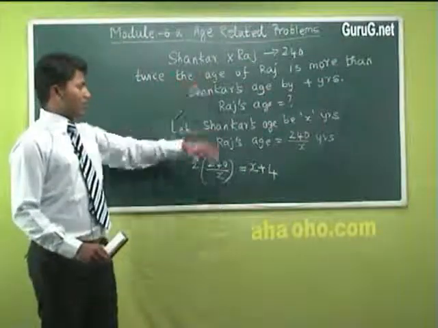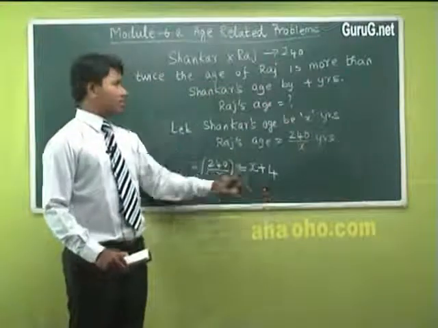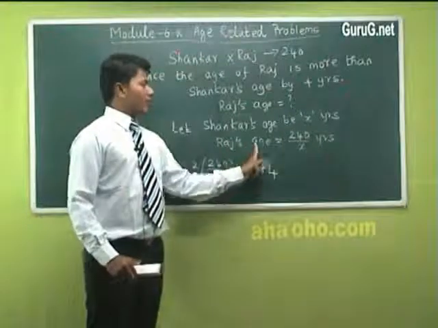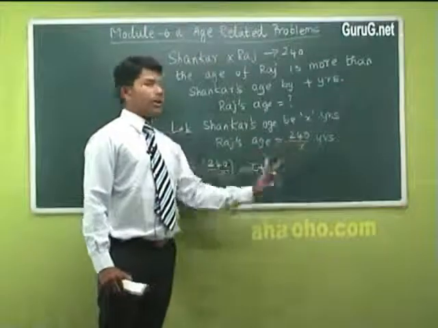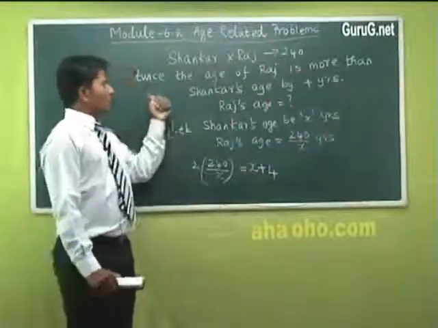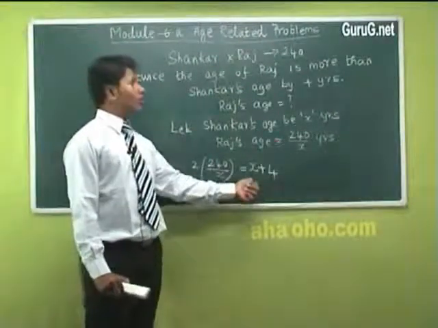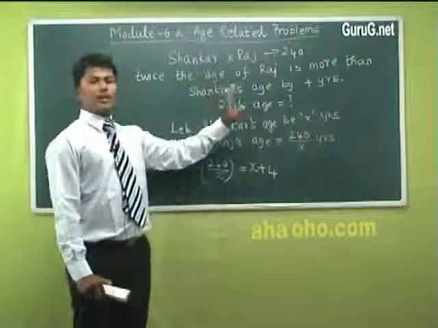So read the problem, write the mathematical form. We took Shankar's age as x years. We found Raj's age to be 240 by x. Twice the age of Raj, so 2 into 240 by x is equal to x plus 4, since it is more than Shankar's age by 4 years.